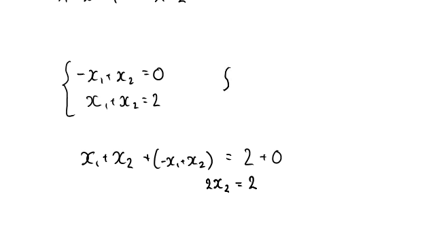So instead I have two equations. I have my first one, and my second one now reads 2x2 = 2. So I have two systems and they must have the same solution. If x1 and x2 is a solution to the first, then I have done nothing to the second by adding 0 to both hand sides. And so x1 and x2 must be a solution to the second as well. But keep in mind that they are not the same equations.